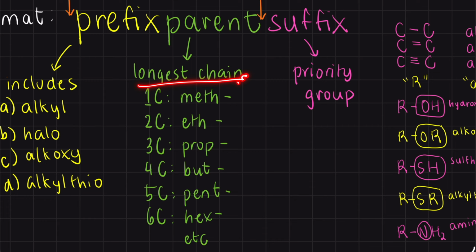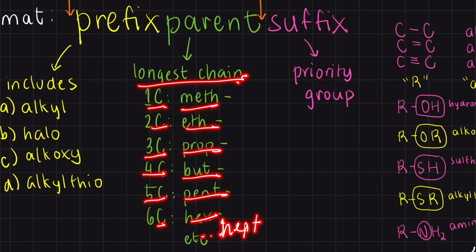If your longest chain is just a single carbon, you use the prefix meth. If 2, eth, 3, prop, 4, but, 5, pent, 6, hex, and so on. Assuming that you know the rest of the prefixes, like for example, hept for 7 or oct for 8.